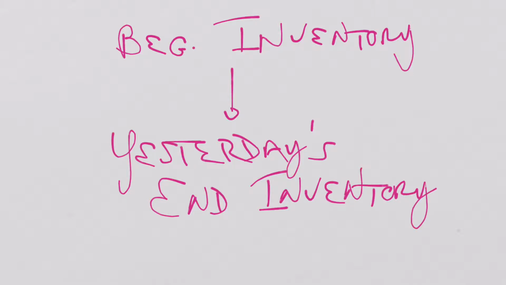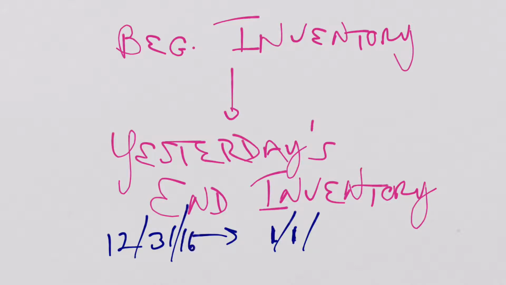In the review session, one of the ways I described it is to think of the inventory at midnight, December 31, when you start the next day, 1/1, the next year. So let's say this is 16, and it's 1/1/17. Everyone's drinking at midnight, 12/31/16, and everyone's drunk at the beginning of 1/1/17, recovering.